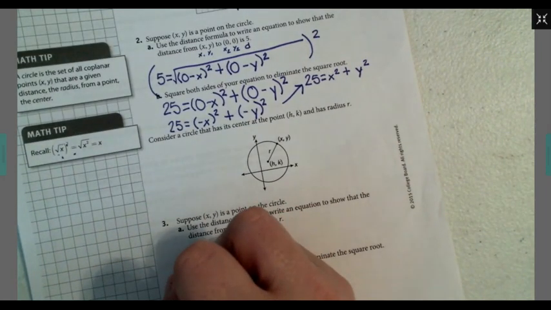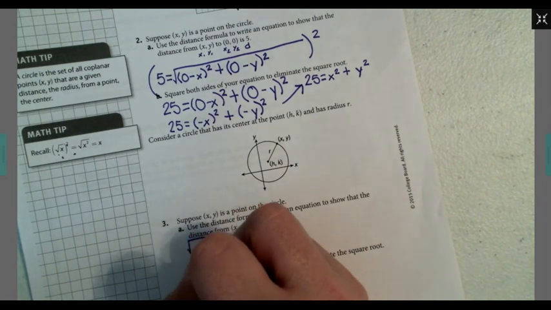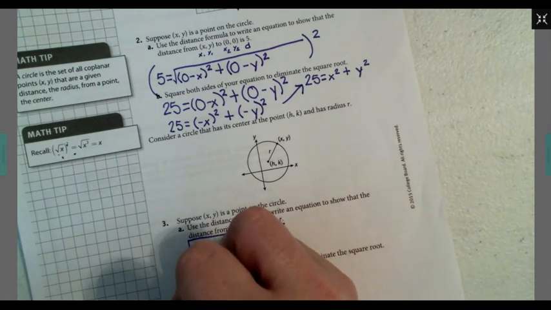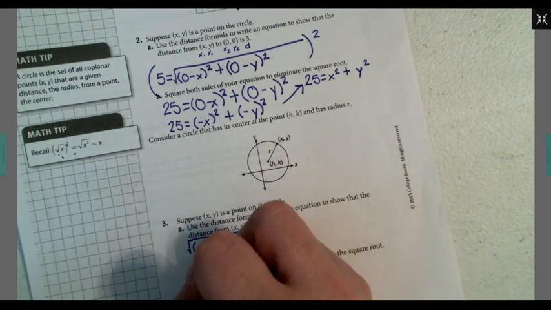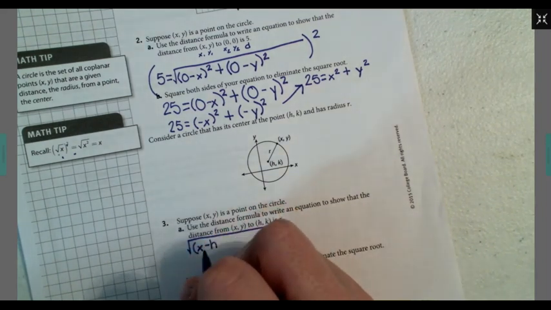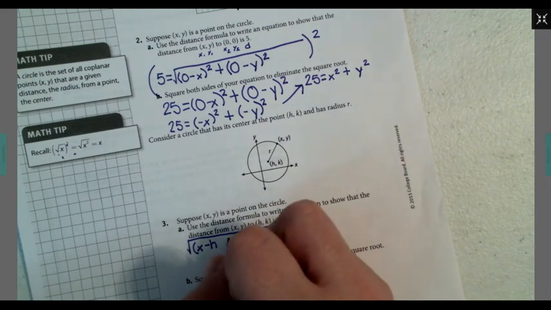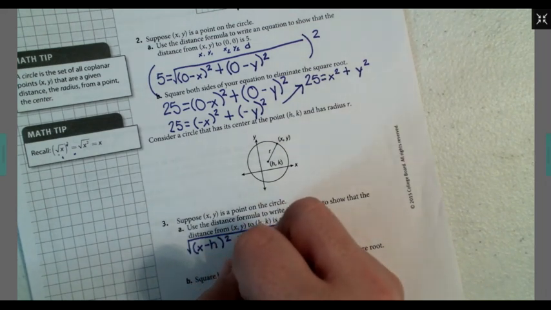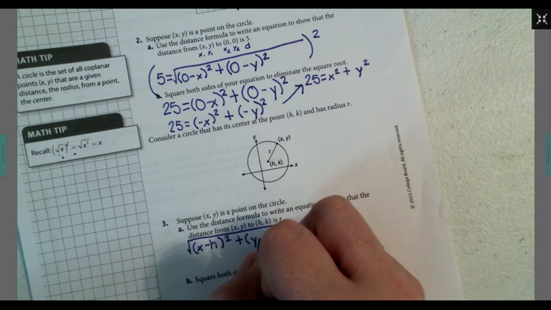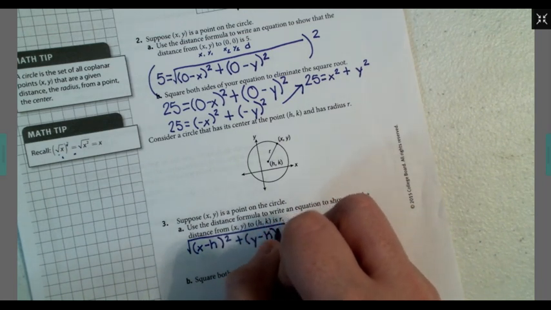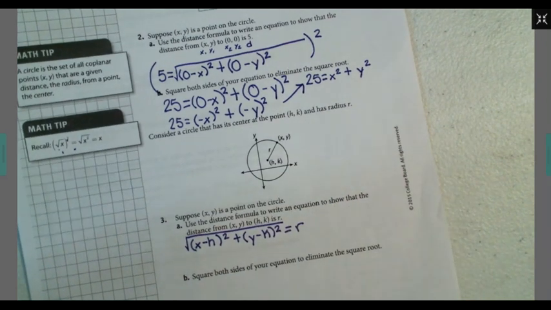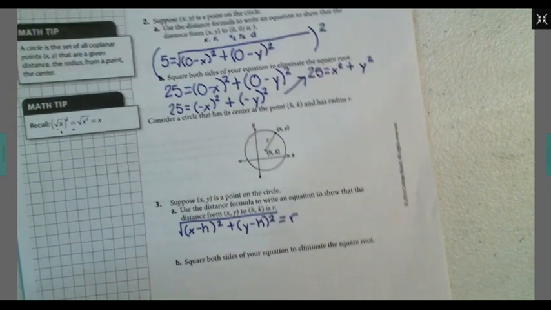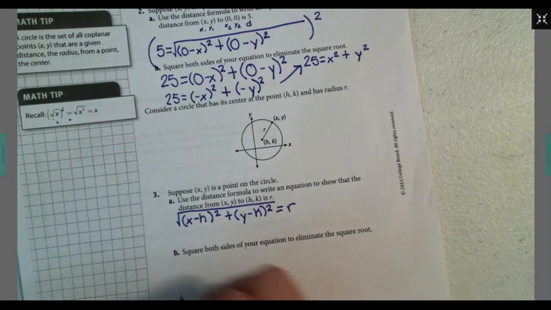So we're going to do the square root of x minus h squared plus y minus k squared equals r. Now again, we're going to square both sides.